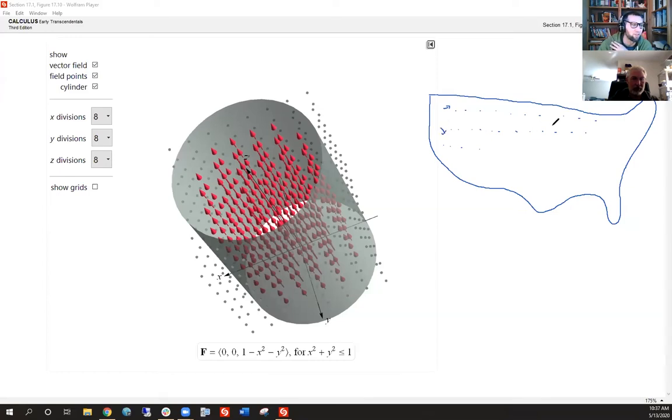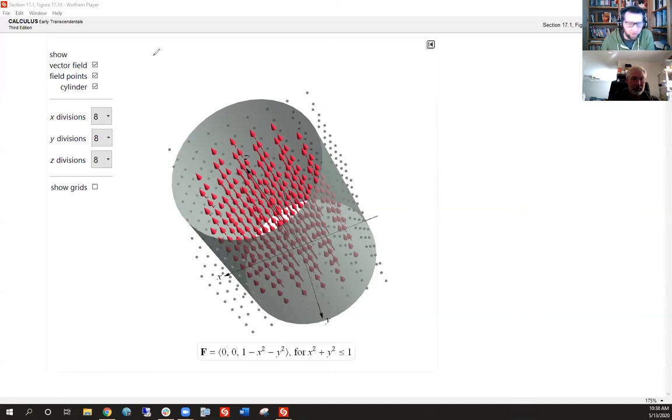And so you might imagine creating a flow pattern there. There could be lots of applications for vector fields, but I'm not quite sure how. I don't think that will tie directly into this class, sadly.